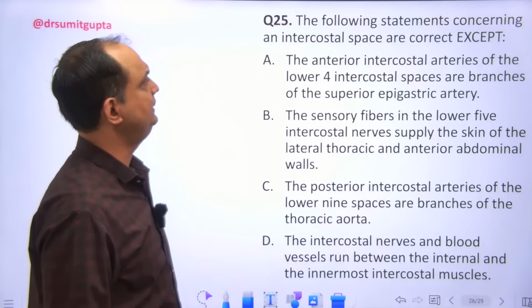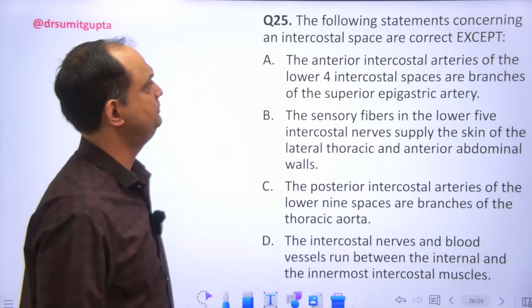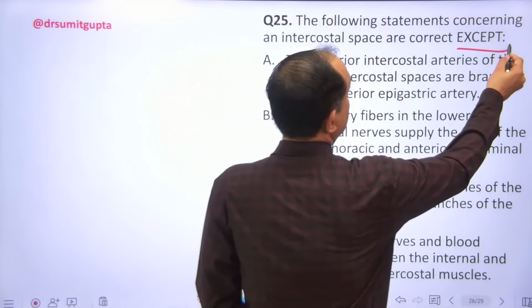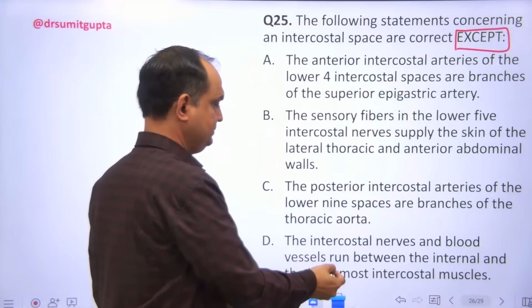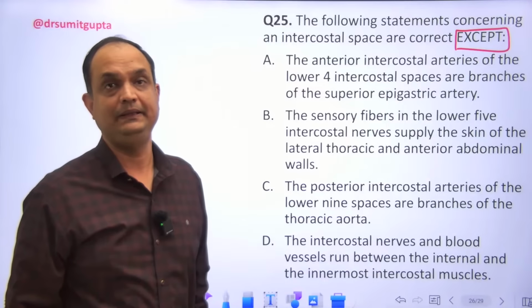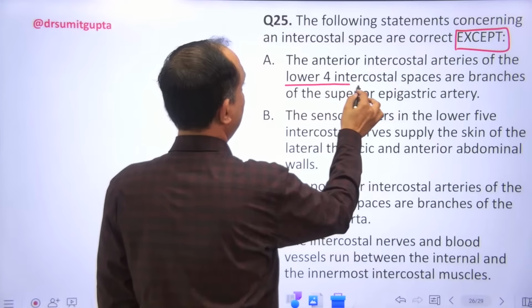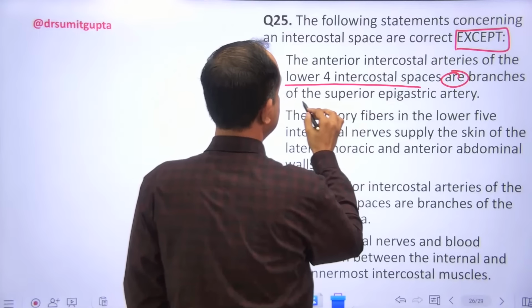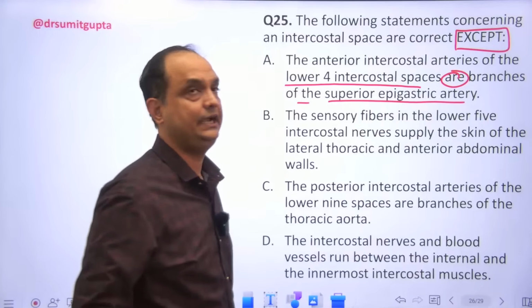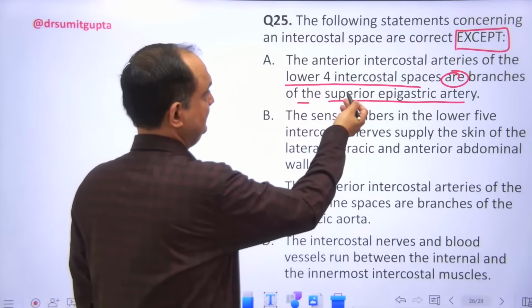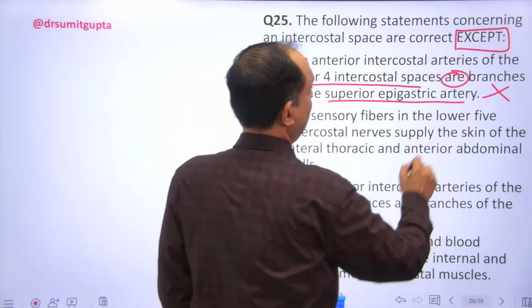The following statements concerning an intercostal space are correct except. So you have to check all the options regarding the intercostal space. The anterior intercostal arteries of the lower four intercostal spaces are branches of the superior epigastric. Is it right or wrong? I think this first option is wrong. Why?